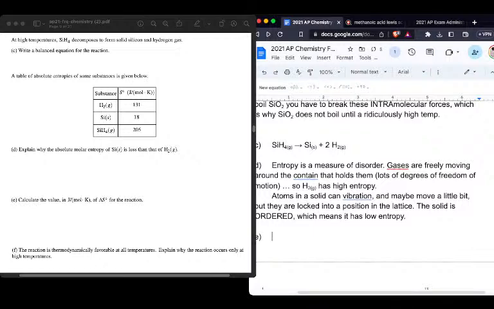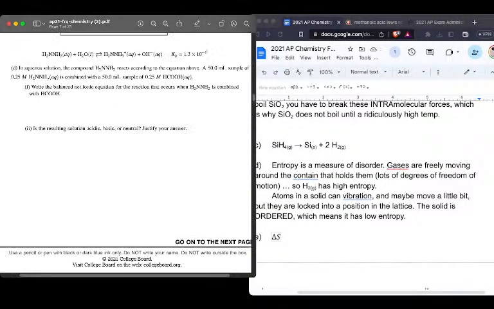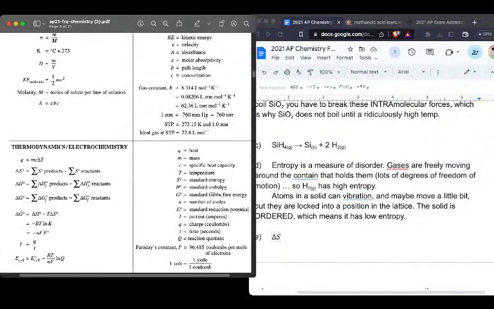They want us to calculate delta S. Now, there is a formula that you're probably supposed to write for this. The formula that they give you is this one, where delta S is the S's of the products minus the S's of the reactants.